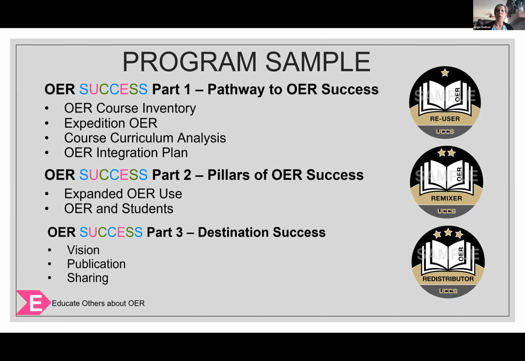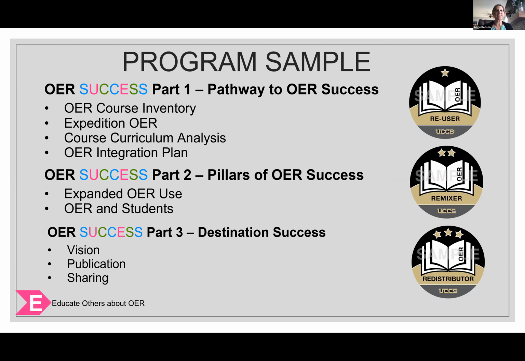The second is the OER Success Part 2, and this is where expanded use of OER begins. And so maybe that goes back to the why OER. There's a focus on a deeper integration of OER and expansion of OER to make it even better for students. And at that point, people will be revising and remixing OER, and that is why the remixer badge is earned for that course.